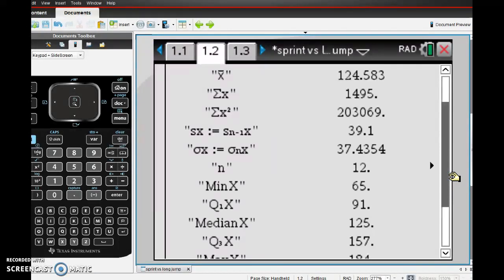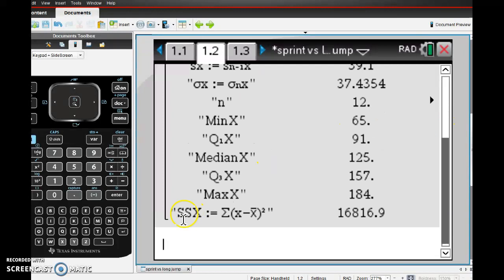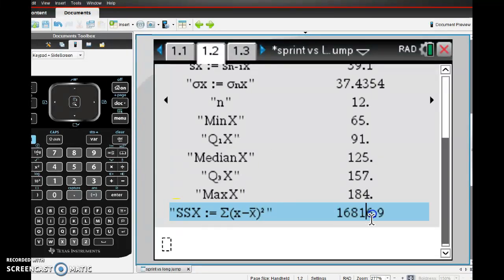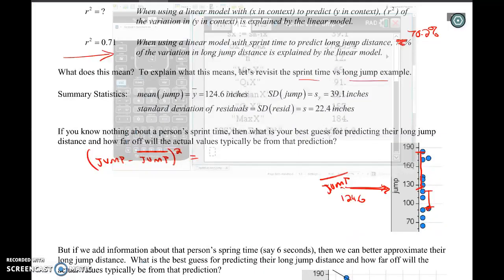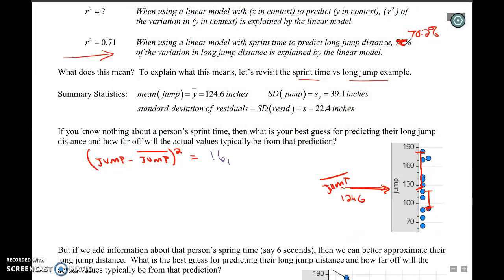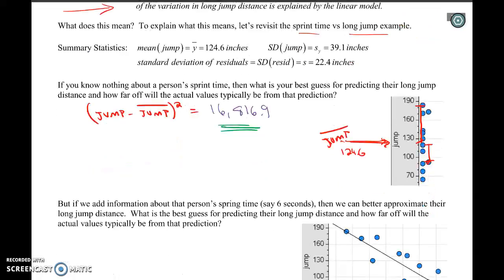Remember, this is the standard deviation here. But if you recall this last variable they put in, and you guys might have wondered why that was an important one to report. Well, in this case, it kind of is. This is the sum of the squared deviations from the mean: 16,816.9. So this is a measure that quantifies how much prediction error there is when I don't have any second prediction variable at all.